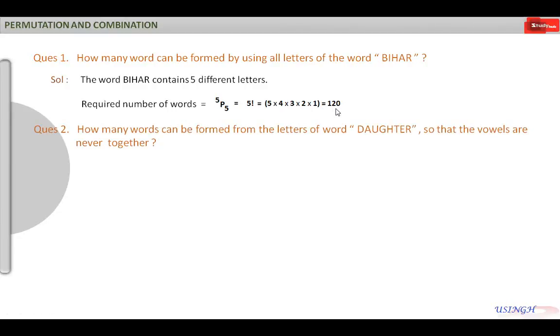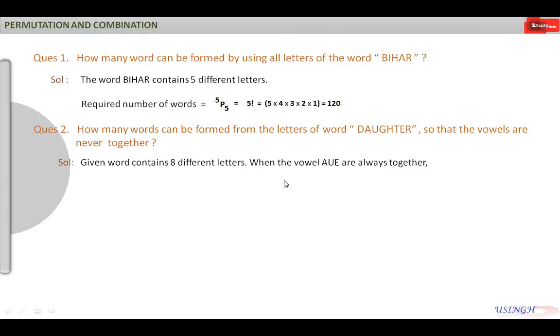Now coming to a different type of question: how many words can be formed from the letters of the word daughter so that the vowels are never together? The important thing is that the vowels are never together, meaning we have to arrange the 8 letters of the word daughter so that the vowels never come together.